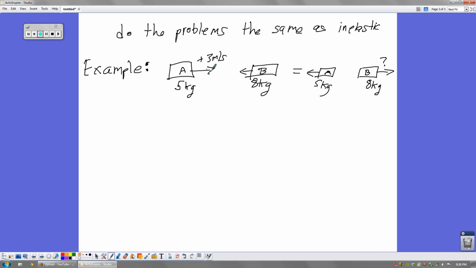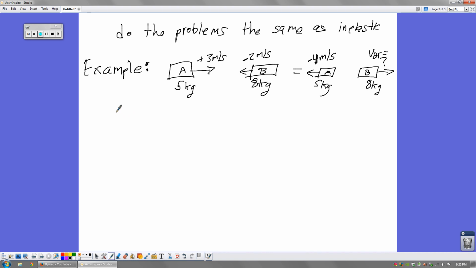Notice that positive means to the right. And this one is negative 2 meters per second. Negative means to the left. We know that after the crash, this is going to the left, and it's sped up. Ooh. So what is this guy doing? What is VB final?